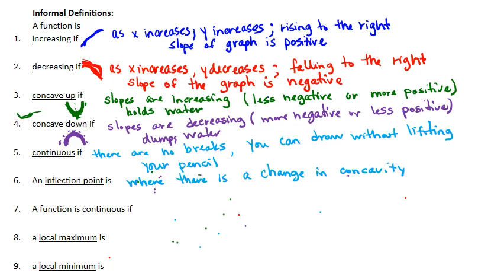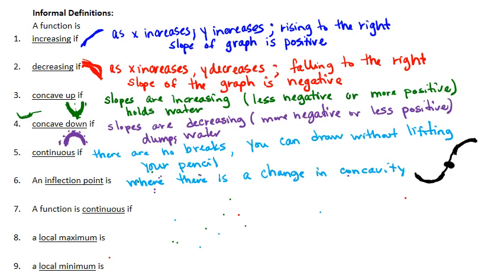Let's say I was riding on the roller coaster, so I bottom out, and then I head towards the top of the next hill. I know that I'm concave up right through here. I'm concave down by the time I get to the top of the hill. That's very concave down. This is very smiley. This is very frowny. So the switchover occurs kind of right in here. That would be an inflection point.